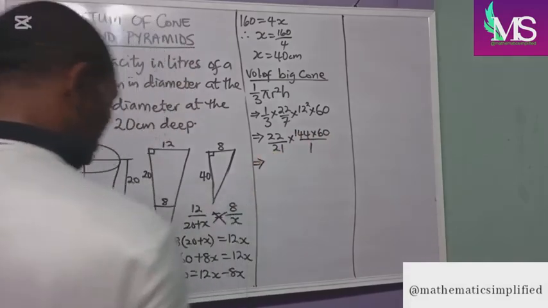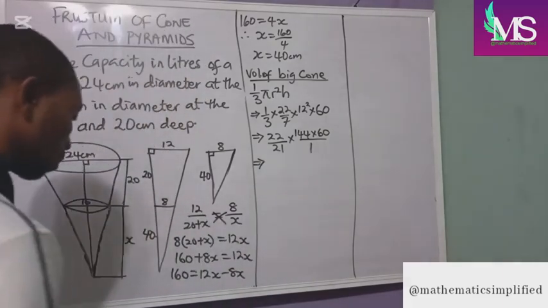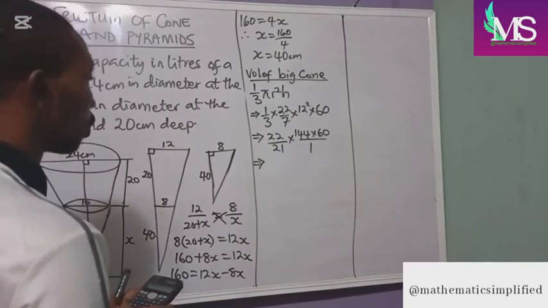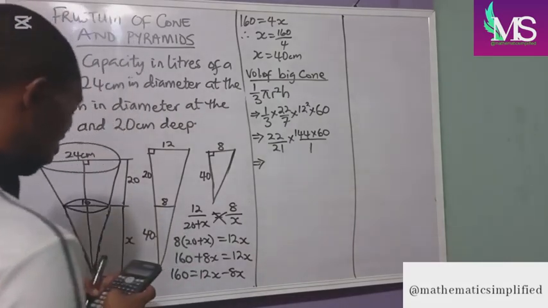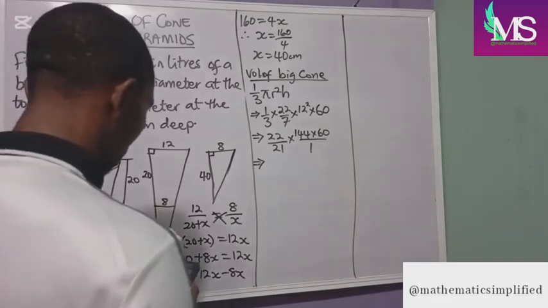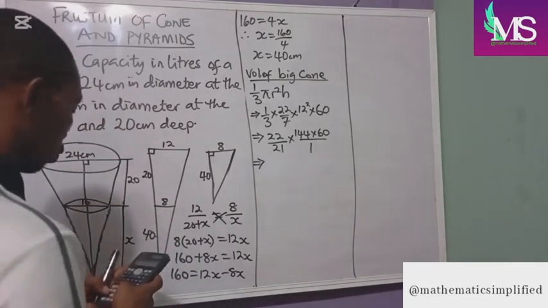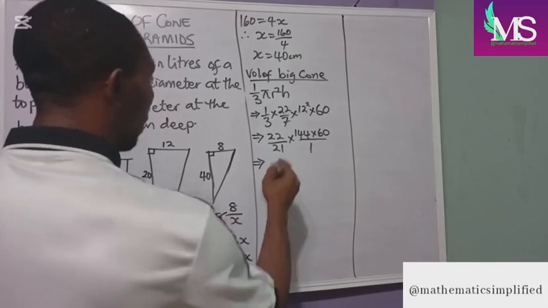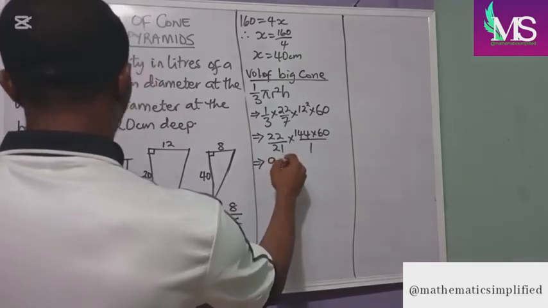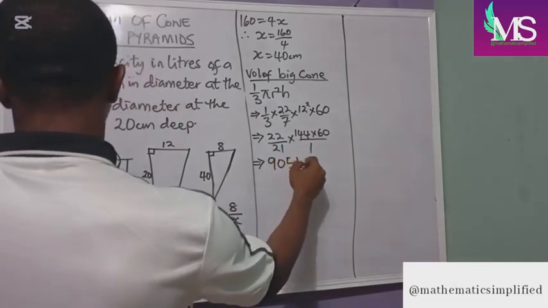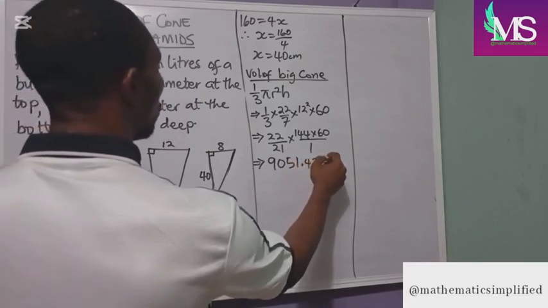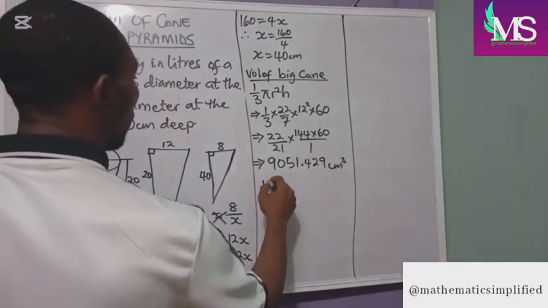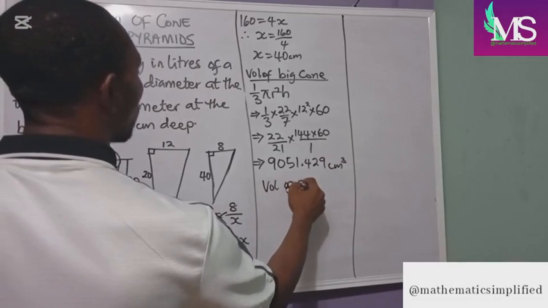Now this will give us 22 times 144 times 60 divided by 21 will give us 9,051.429 centimeter cube.